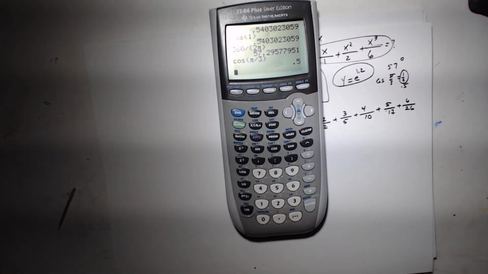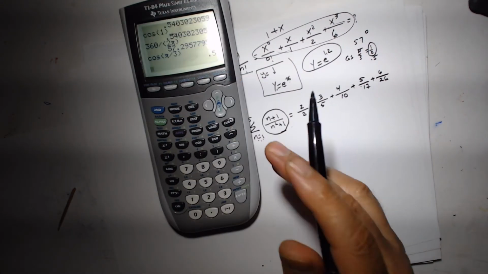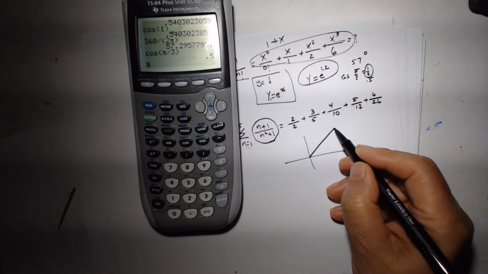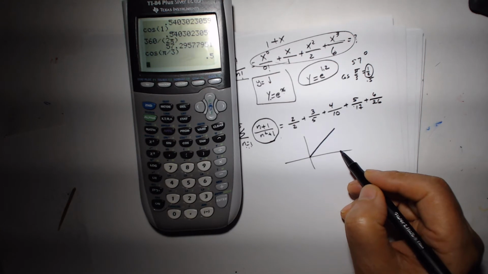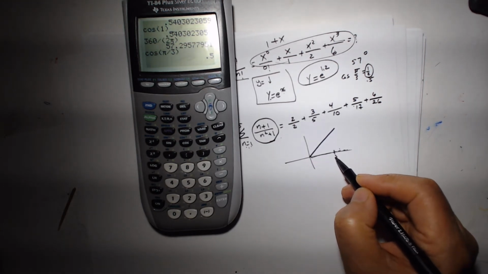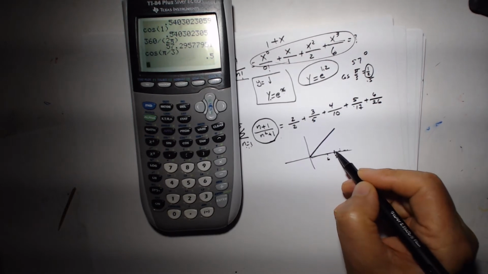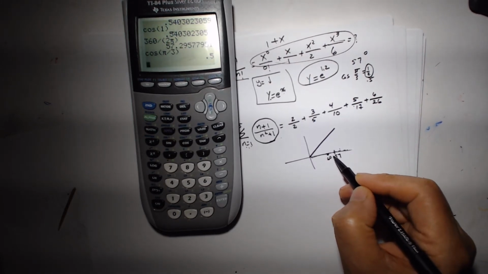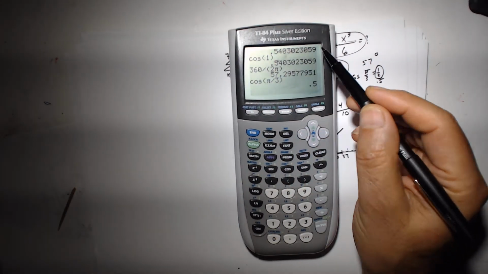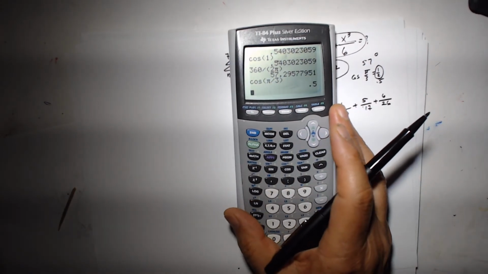I'm sorry, my mind doesn't work. Therefore, as the angle gets larger and larger, cosine shrinks. Therefore, 57 is first and 60 degrees second. So from 60 degrees, the value has to be more, and that's right. 1 radian is 0.54 and pi over 3 is 0.5.